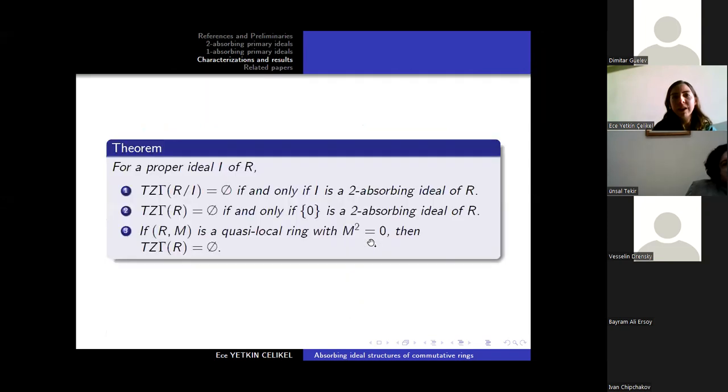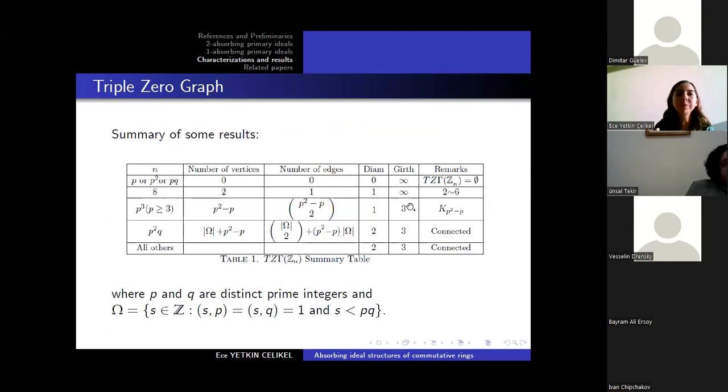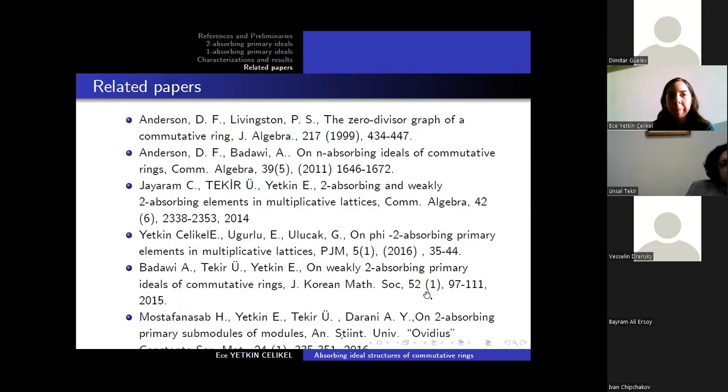Z27. And there are some relations between this graph and the absorbing ideal structure. We have some results, but I want to show you just a summary. We have this table for the 000 graph of Zn, which depends on n values: the number of vertices, edges, diameter and girth, and some results are contained here.